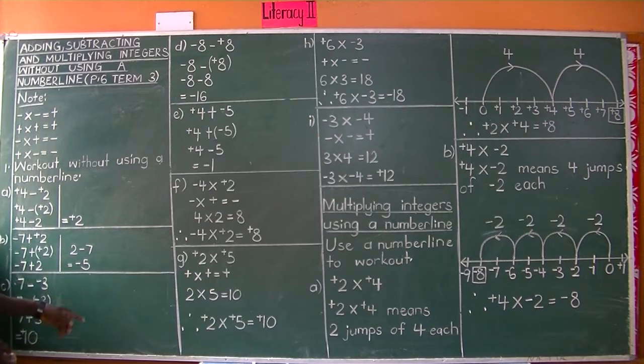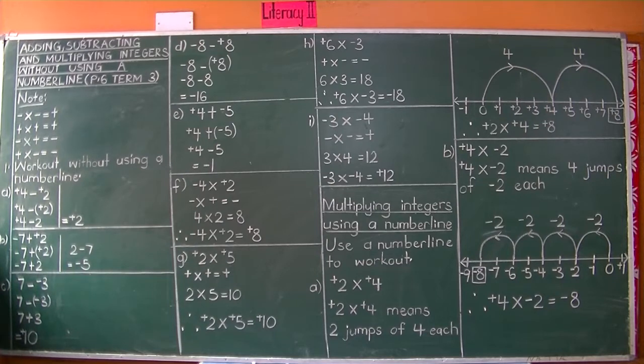If 2 is less than 7 and 7 is to be taken away from 2, then we shall get a negative result. So you must know 7 minus 2 to know 2 minus 7. 7 minus 2 is a 5, that's a positive. Therefore, the opposite is true. What's the opposite of positive 5? Negative 5. So 2 minus 7 is negative 5, and you have answered the question properly.